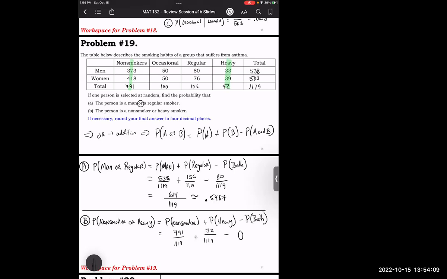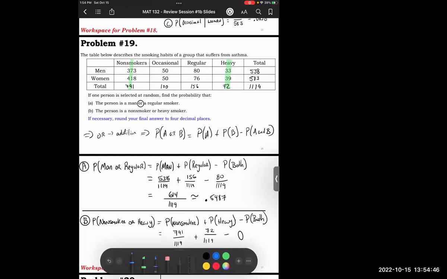If there's no intersection, it can never happen. So if it's never going to occur, then it's 0. So you just have to worry about the two other numbers. So it's 791 plus 72 over 1,119. So 791 plus 72 turns out to be 863. And if you divide that by 1,119 and round to 4 decimal places, you get 0.7712.